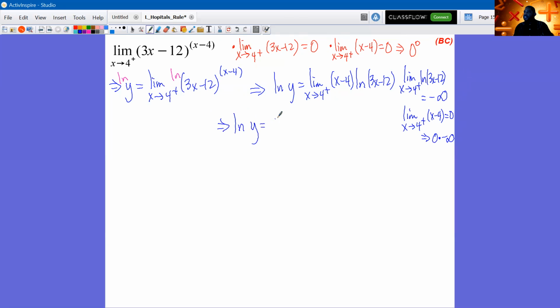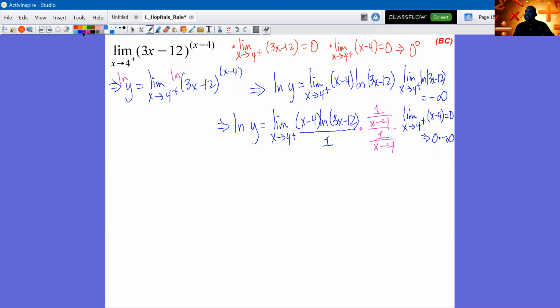What I'm going to do is cancel out this x minus 4 term. So I'm going to rewrite this over 1, but then multiply by 1 over x minus 4, all over 1 over x minus 4.